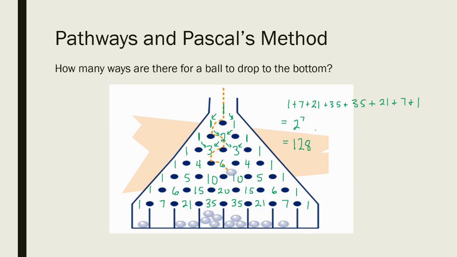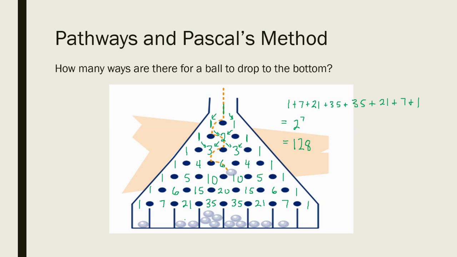If I may as well, this doesn't necessarily need to be written down on your sheet, but if we think about, say, where did this 21 come from? How did we get 21 ways to the bottom here? If you think about, so looking at the ball being dropped, it has 7 different pegs to make a left-right decision about.